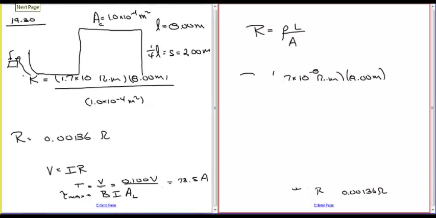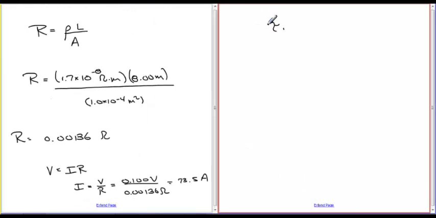And now all we have to do is just plug into the maximum torque. It's equal to the magnetic field times the current times the area. And that's the area of the loop. And what is the area of the loop?